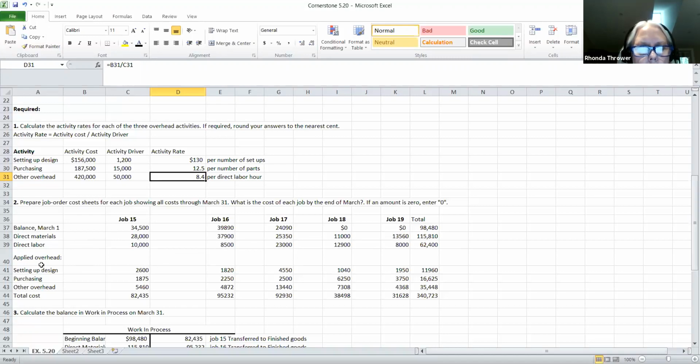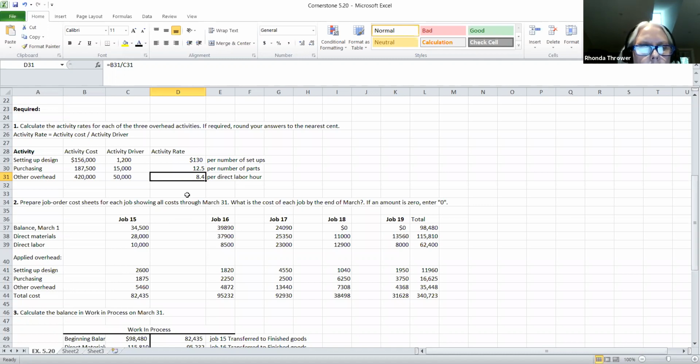What you had to determine in each one of the jobs is how they were applying overhead. Remember, we're doing it on 3 types of activities. The setting up design was one activity, purchasing was another activity, and other overhead was yet another activity. So you have to find the applied overhead.